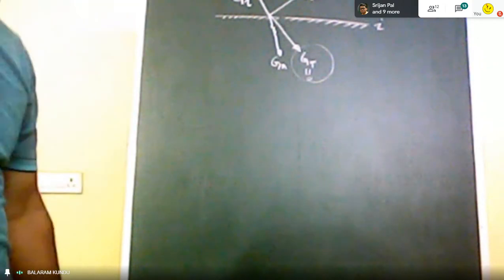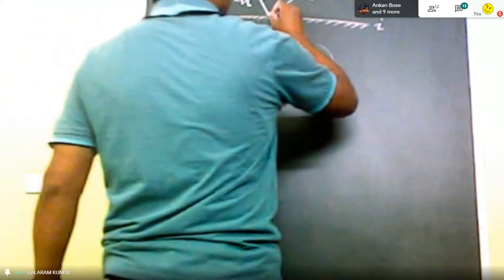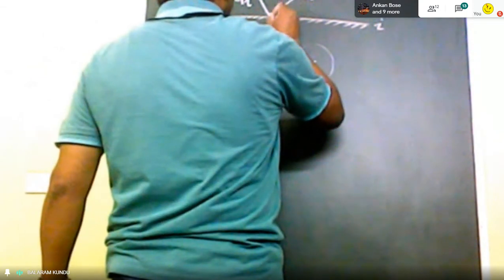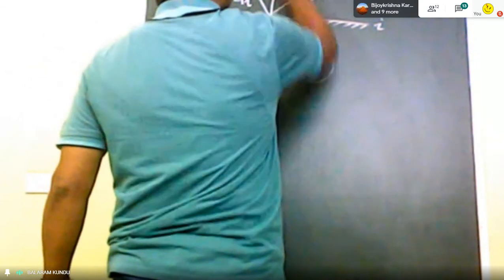Okay. So there is another concept I have to discuss today, that is radiosity. Another property, the radiosity of a surface. Radiosity means the total radiation flux leaving the surface.